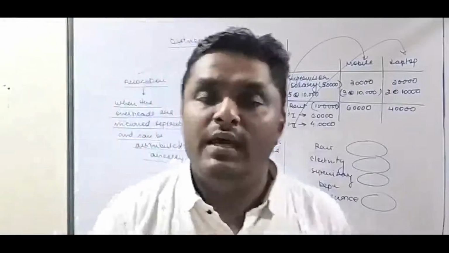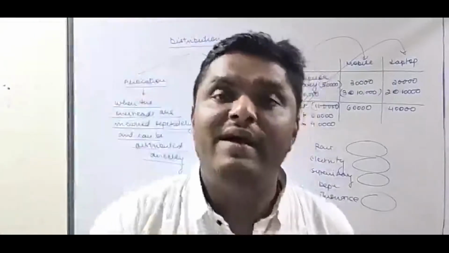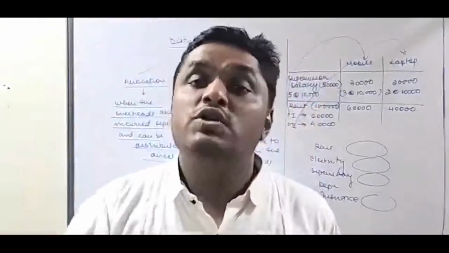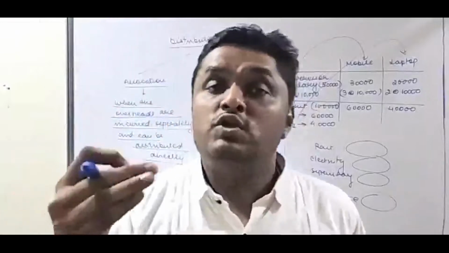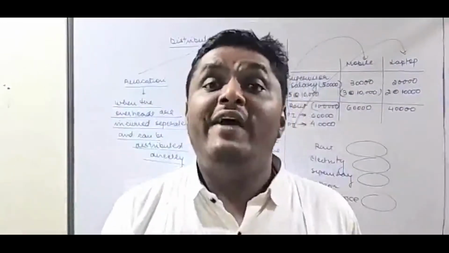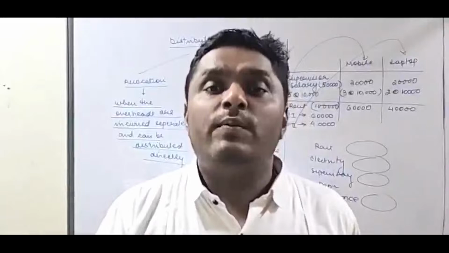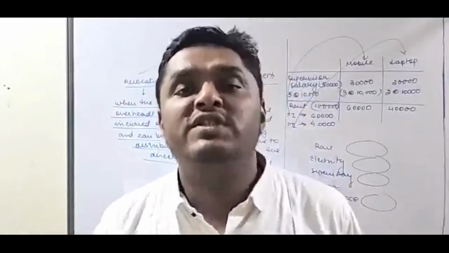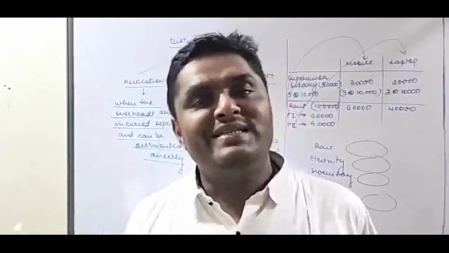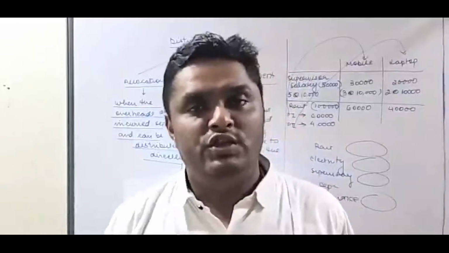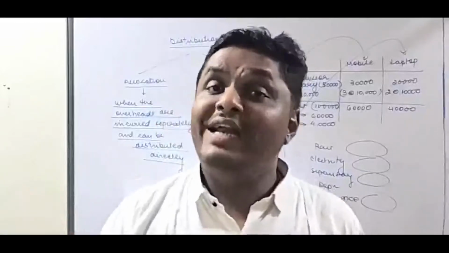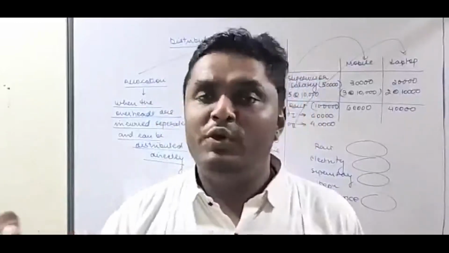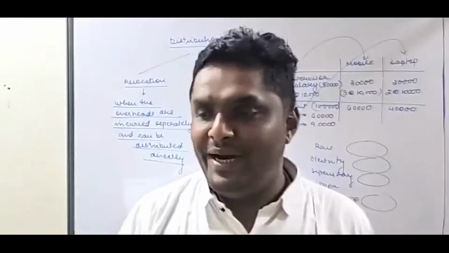So if the overheads are not incurred separately, they are incurred as a whole, so we cannot allocate. So we need to apportion the overhead. To apportion the overhead, we have to identify the basis of apportionment, that is, on what basis we will distribute. And once the basis is identified, we will distribute in the ratio. Now the question is how to identify the basis, how to distribute. I'll be discussing this with the help of a practical question.